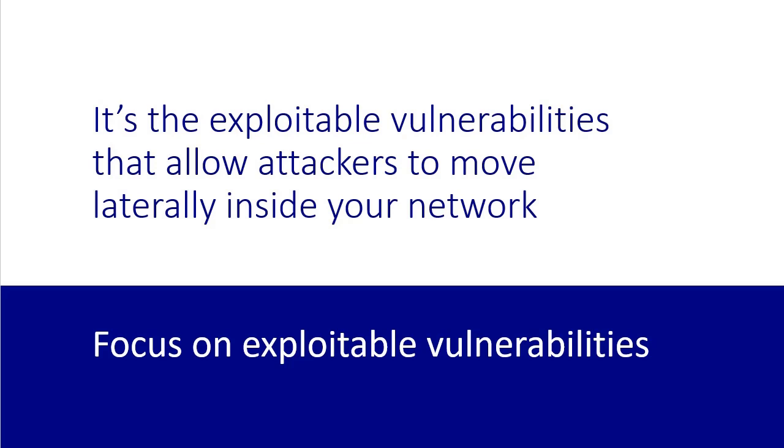This is how they get beyond the initial malware deployment and the breach of the initial machine. And this is how they find the data, get access to the data, and are able to embed themselves into networks and exist there long term. It's all about these exploitable vulnerabilities.